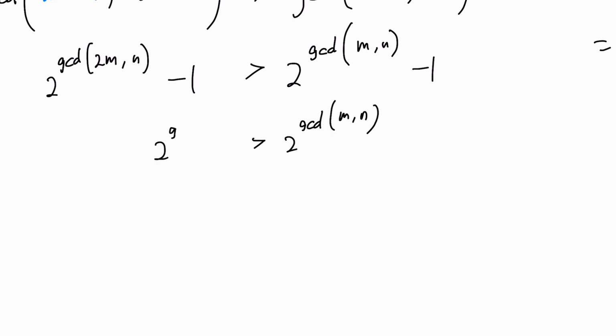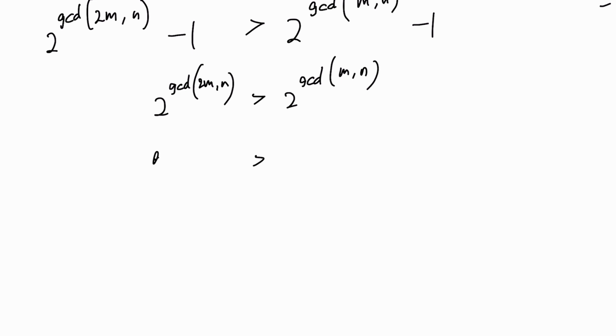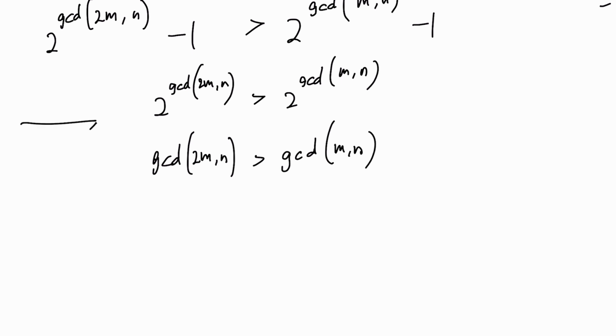That is 2 to the GCD of 2m comma n. And this would give us GCD of 2m comma n is greater than the GCD of m comma n, because we know that our exponential function is always increasing. This means that the input is greater as well.